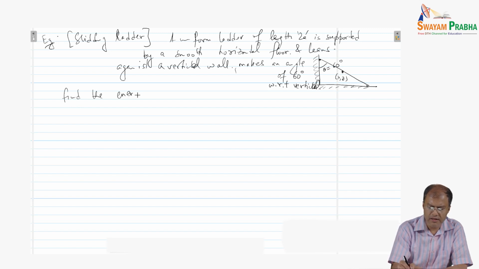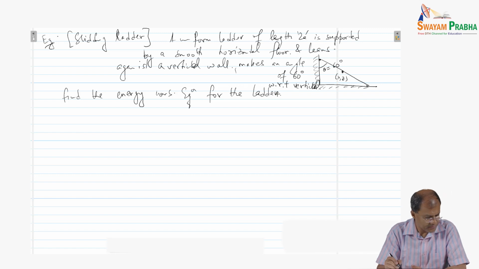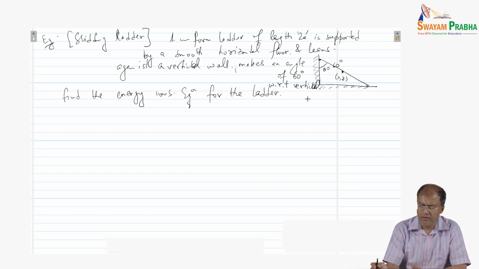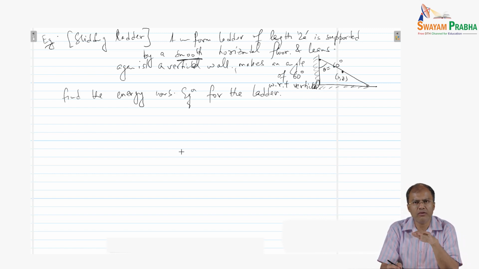Then we want to find the energy conservation equation for the ladder. Okay. So well, notice the word smooth here. The floor on which the ladder is kept is smooth. So we expect the ladder to slip, right?